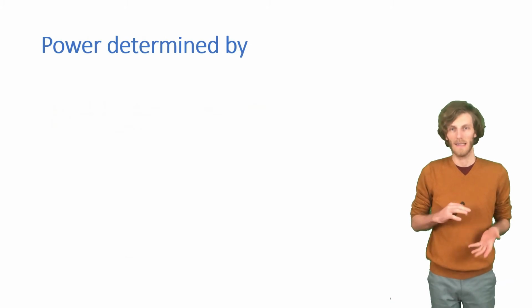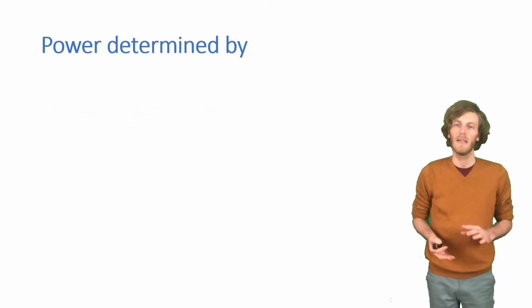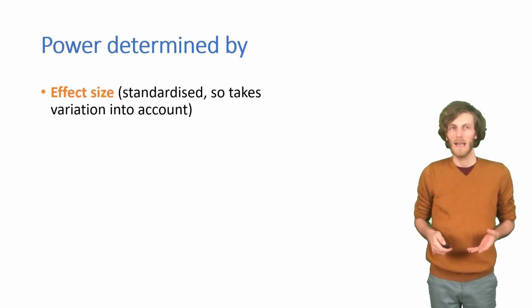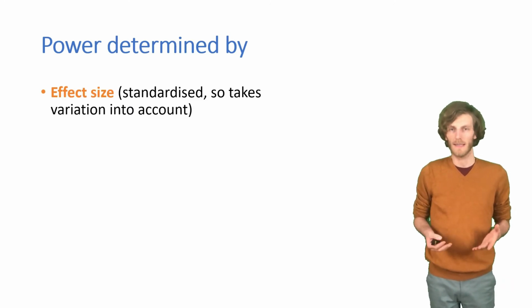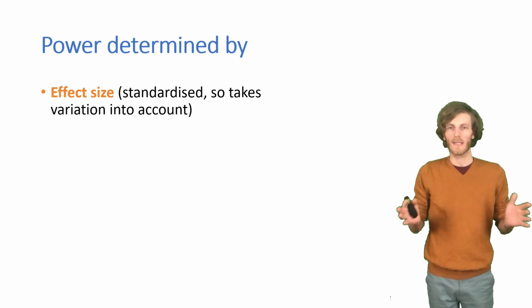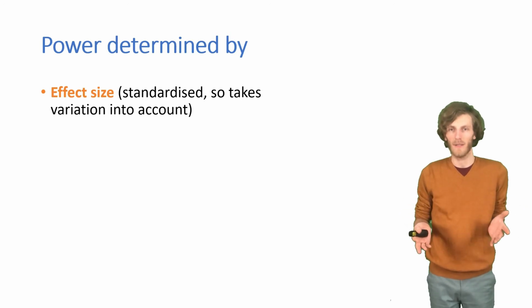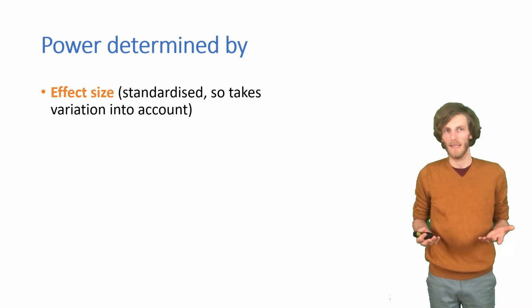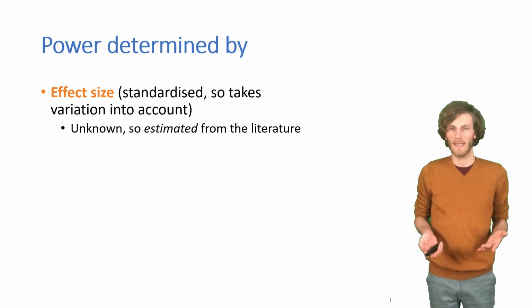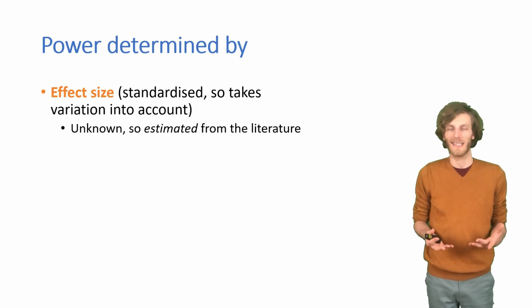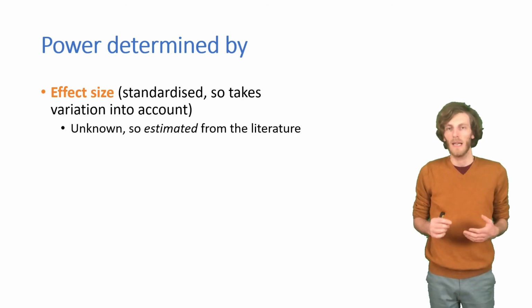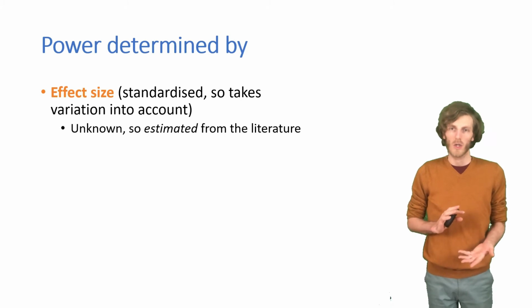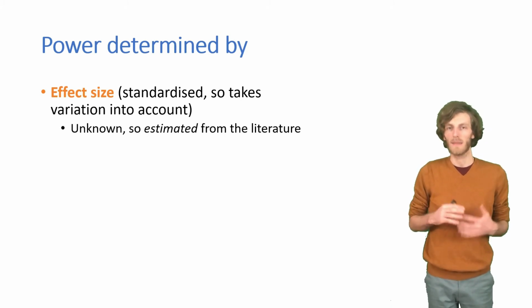And that chance of finding the effect, the power, is determined by a couple of different factors. It's quite importantly determined by the effect size, and that's the standardized effect size. So the standardized effect size also takes the variation into account. So we need a large and consistent effect to have high power, ideally. Clearly we don't know that in advance, since that's also the main research outcome. So it's important to estimate the effect size based on the literature.